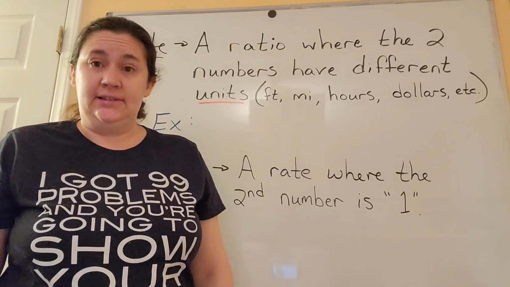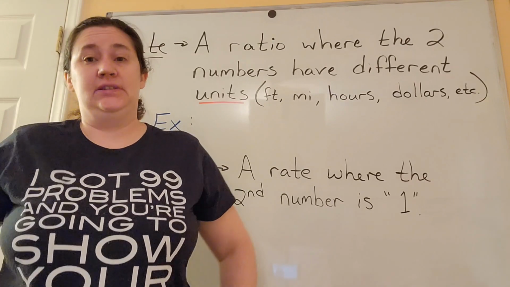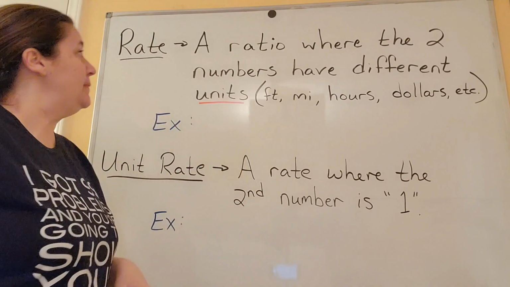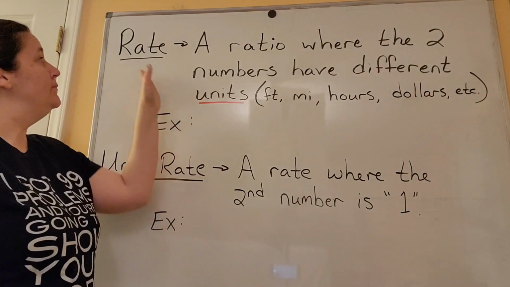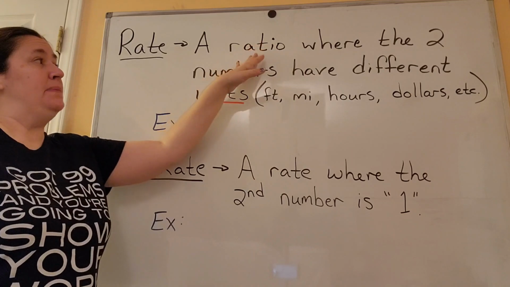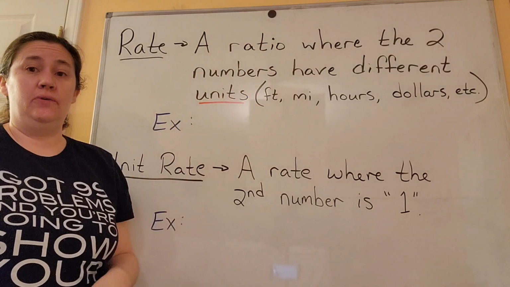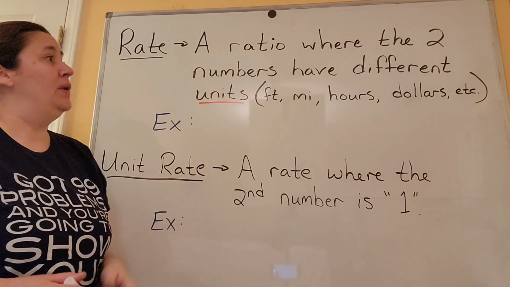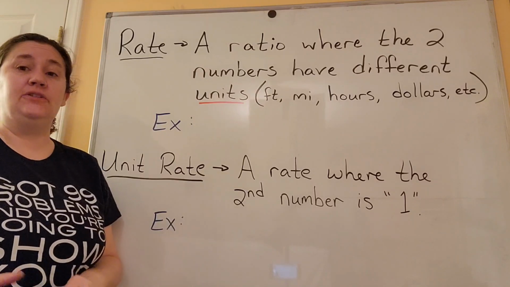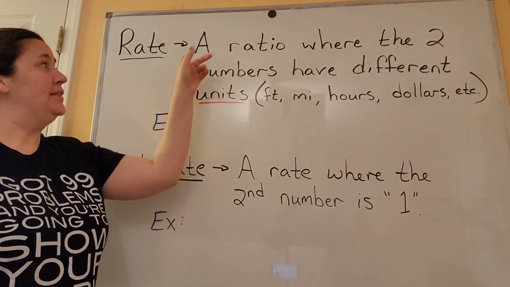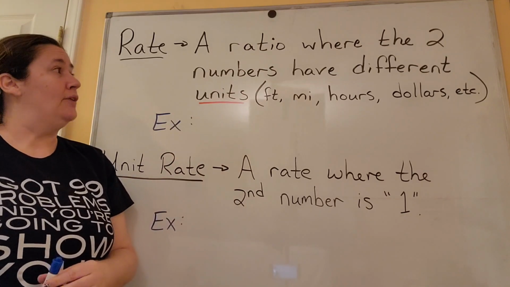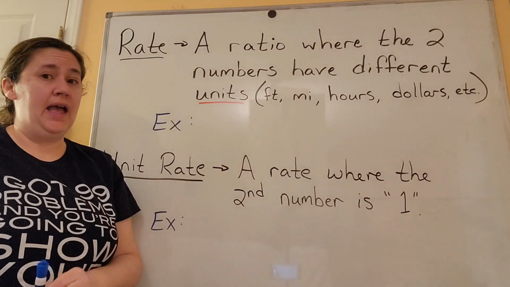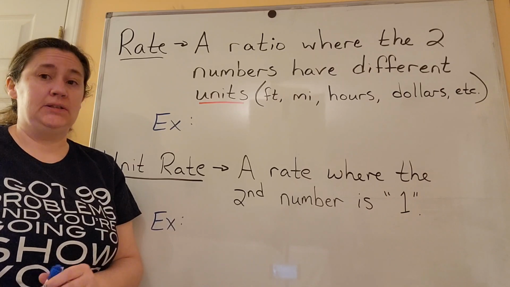A rate is the first thing we're going to learn about today. I need you to copy down this definition of a rate onto a piece of paper. A rate is a special kind of a ratio. It's a ratio where the two numbers have different units. Write that sentence down. A ratio where the two numbers have different units.